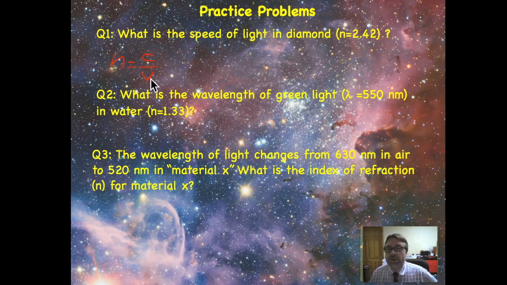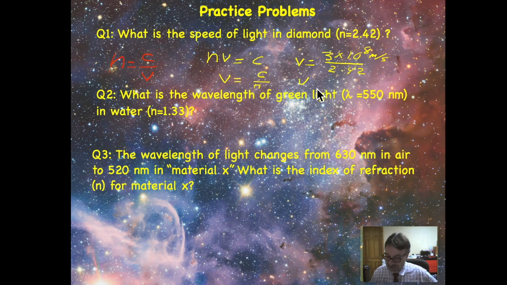So I need to rearrange this for v in the diamond. That means that n times v is going to be equal to c, or that v is going to be equal to c divided by n. That means the velocity in diamond is simply going to be equal to 3 times 10 to the 8th meters per second divided by 2.42.